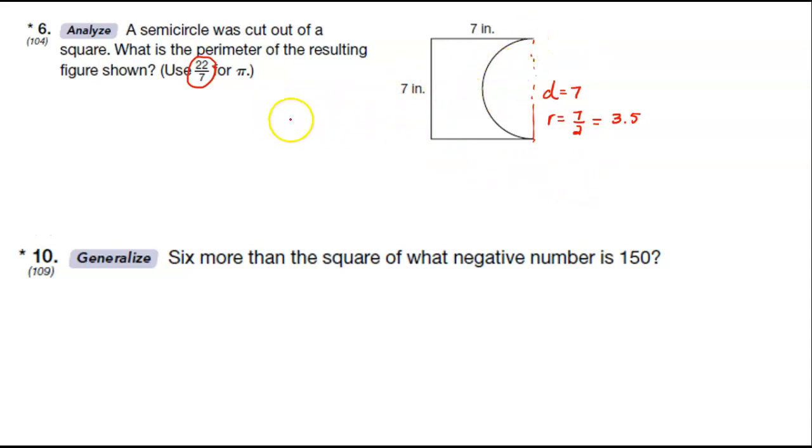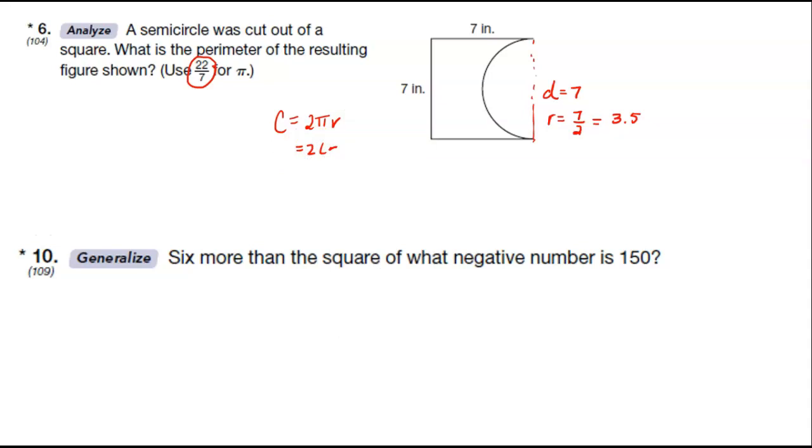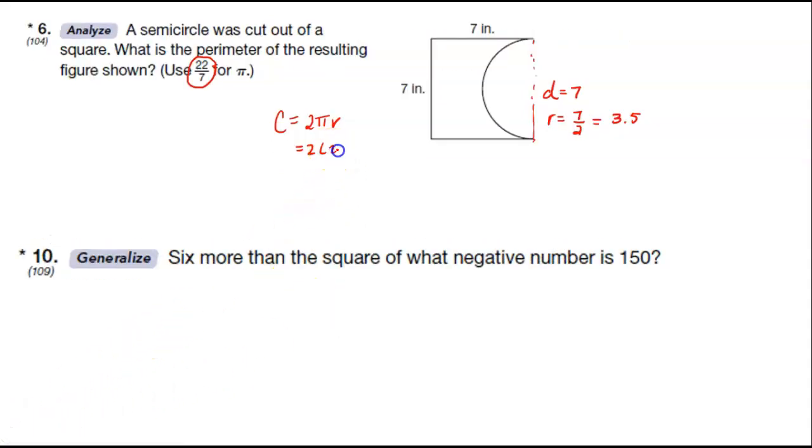So if I were going to do the circumference of that circle, that'd be 2 times pi, times 22 over 7 times 7 over 2. So that's 22, but I have to take half of it, right?